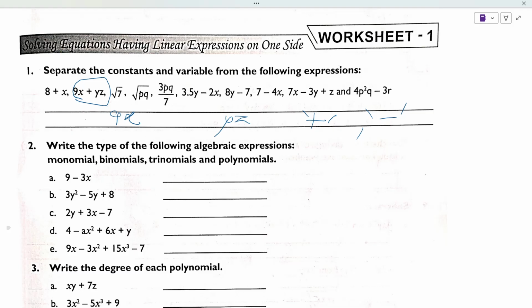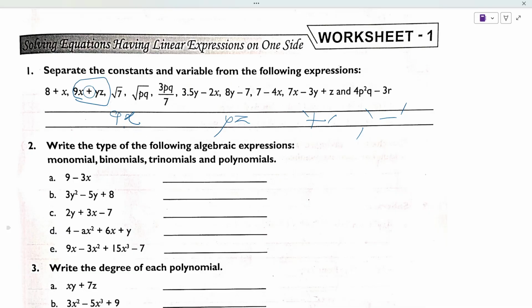On multiplication and division, we do not say that the term is getting separated. So there is one plus sign involved in the question. Before the plus sign we can see 9x, and after the plus sign we have a term yz. So it's an algebraic expression having two terms.